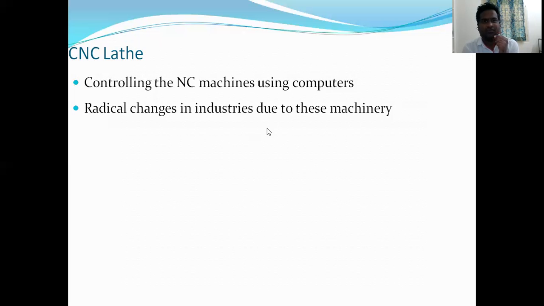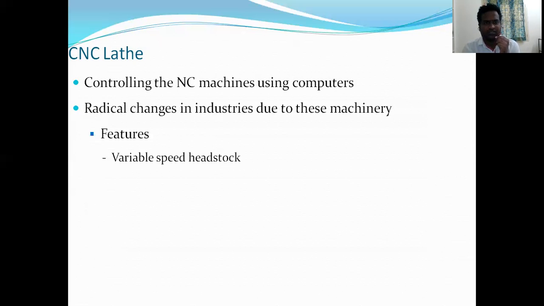Now every industry is using this type of CNC machine. Not only CNC lathe, but CNC milling, CNC drilling, CNC shaping, and a number of production machines are operated by this computer numerical control.